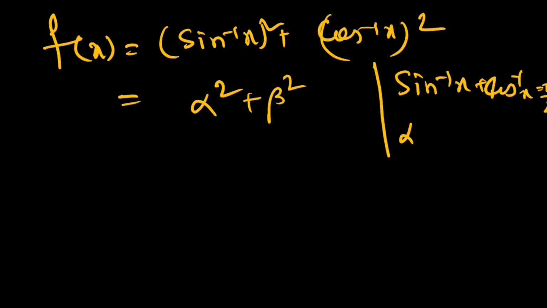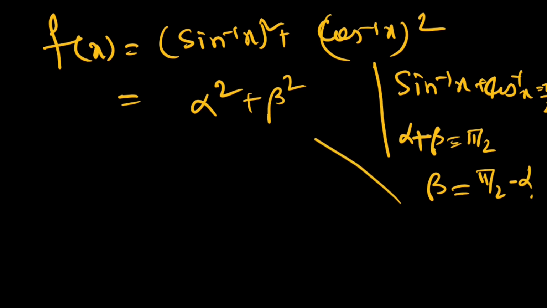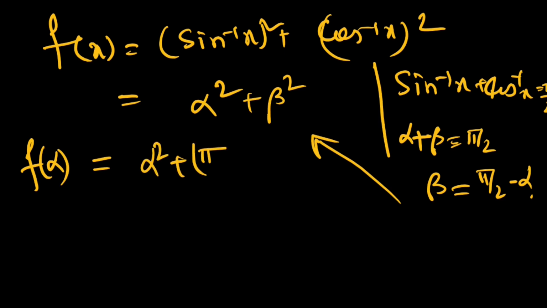Here we write alpha plus beta is equal to pi by 2, and we take the beta value as pi by 2 minus alpha. So this is reduced to the function of alpha, that is alpha square plus (pi by 2 minus alpha) square.